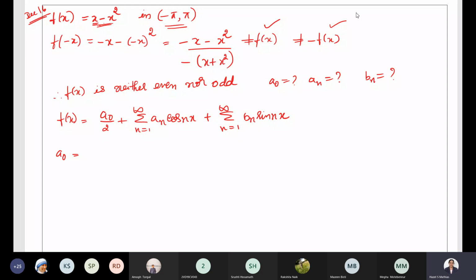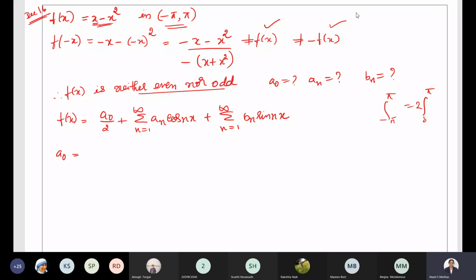How a naught is given by, see here, you will be confused only here while writing the formula of a naught. It is neither even nor odd.